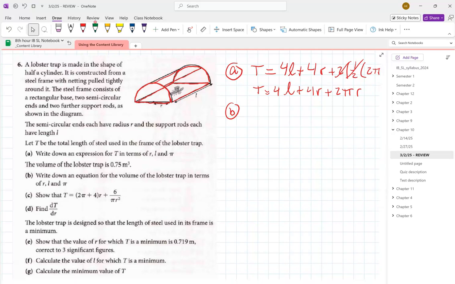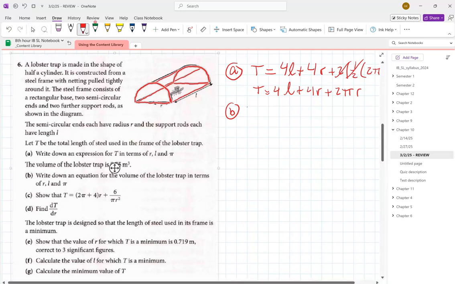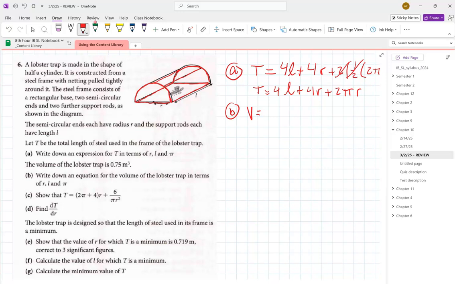Then it says the volume of the lobster trap is 0.75 cubic meters. It says write down an equation for the volume of the lobster trap in terms of r, L, and pi. So the shape here is half a cylinder, right? So my volume is going to be 1/2 the volume of a cylinder, which is the area of the base, which would be a circle, pi r squared, times the height.